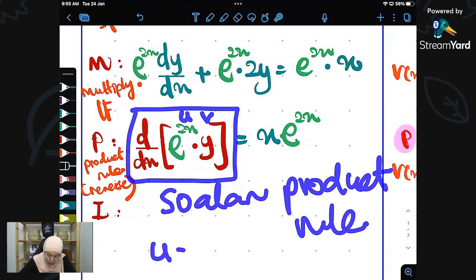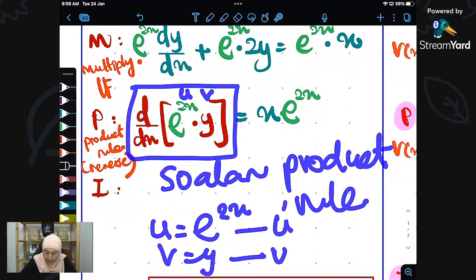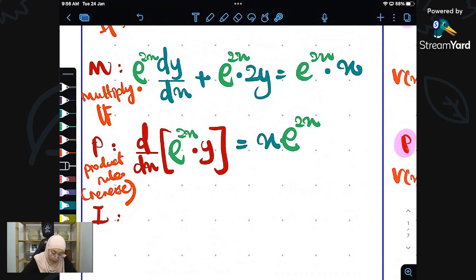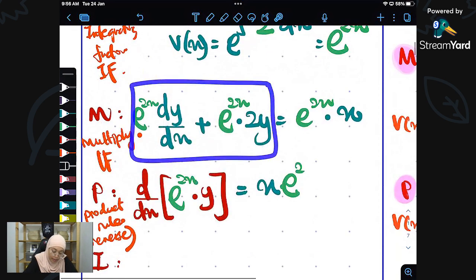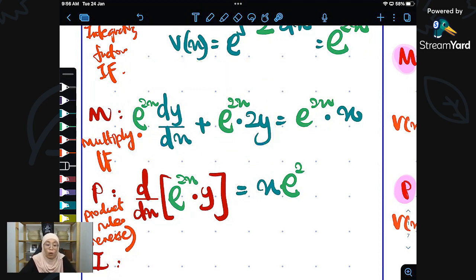If you let your u is exponent to x and your v is y, and then you differentiate, you find the u prime and the v prime, you akan magic, tiba-tiba dapat atas ni. Ini adalah hasil product rule VU prime plus UV prime. You tak percaya? You cuba buat sendiri, you akan nampak sebiji seketul sama jawapannya.